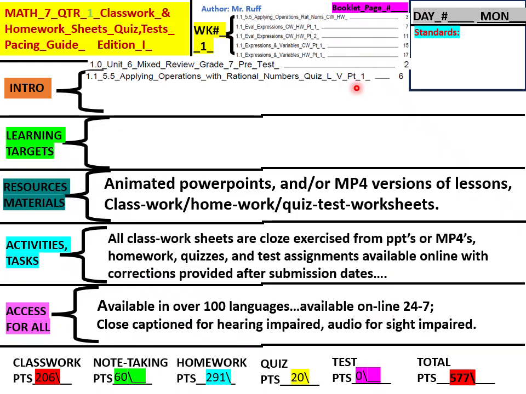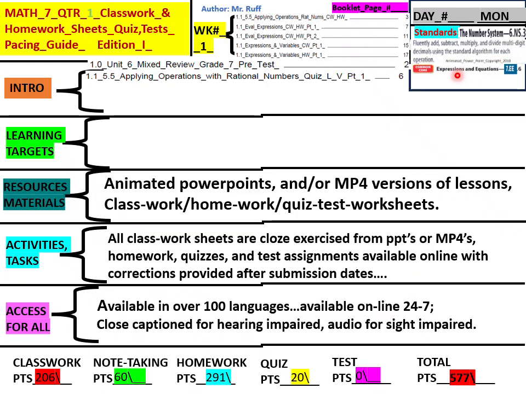Our standards for Week 1: we start out with the number system, 6.NS.3. This includes fluently add, subtract, multiply and divide multi-digit decimals using the standard algorithm for each operation.